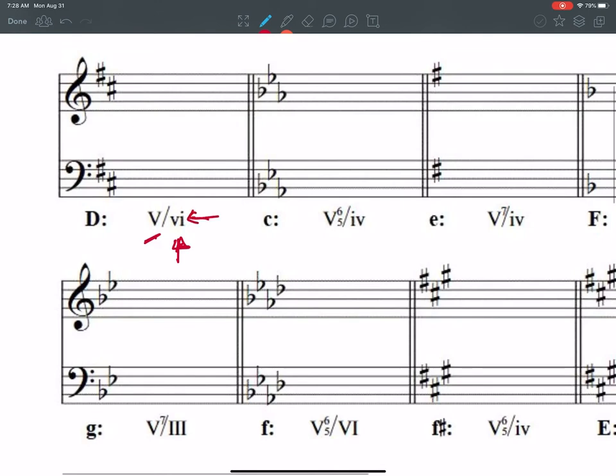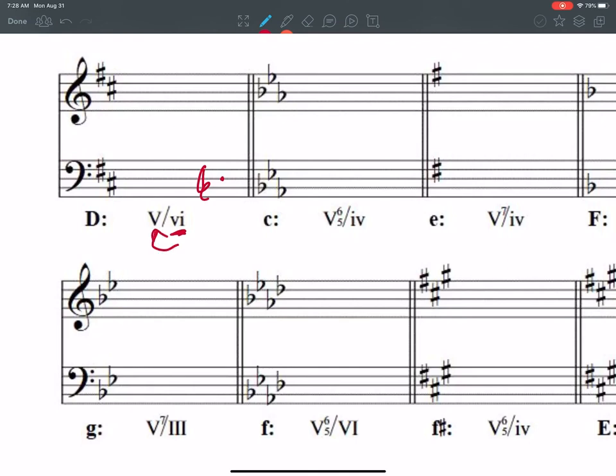So you're thinking, okay, we're in the key of D, but really we're not. This little chord for just a minute is not in the key of D, it's in the key of that 6. So you want to think, what is 6 in the key of D? You think up your scale, and that's B. Well, what's the key signature of B minor? It happens to be 2 sharps, same key signature as D. So we're in B minor, and we need to write the 5.